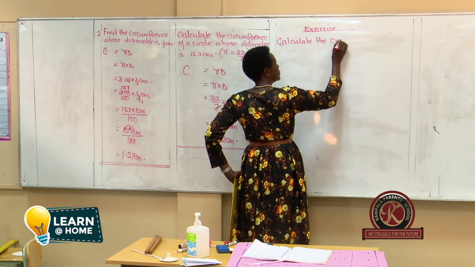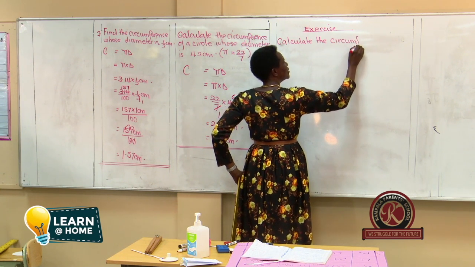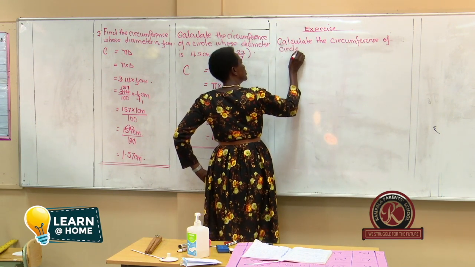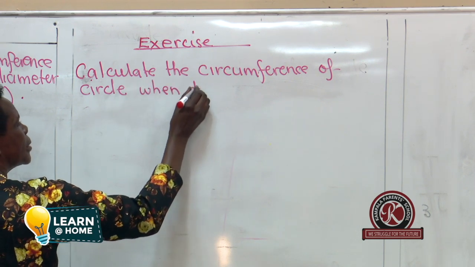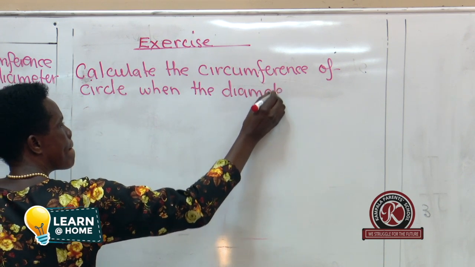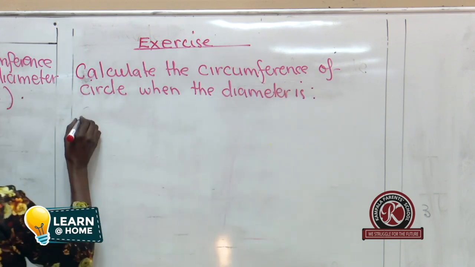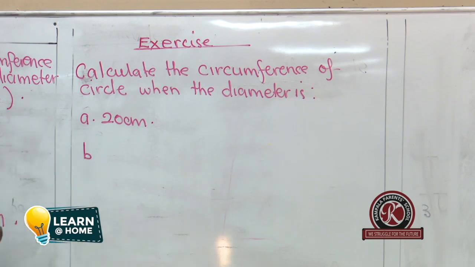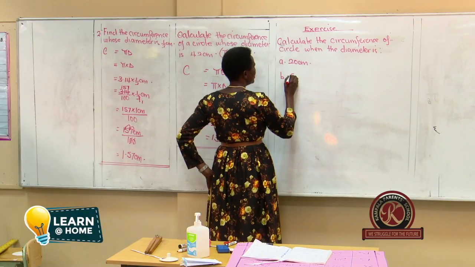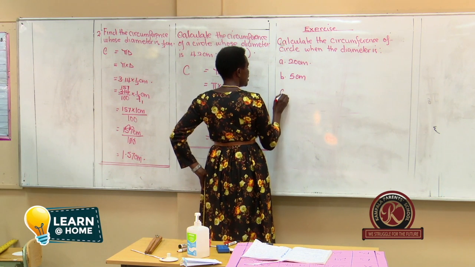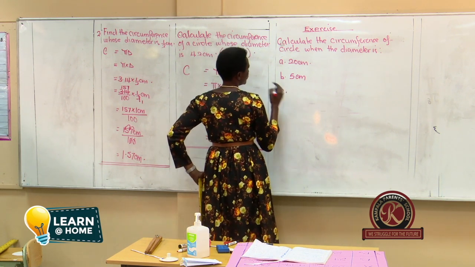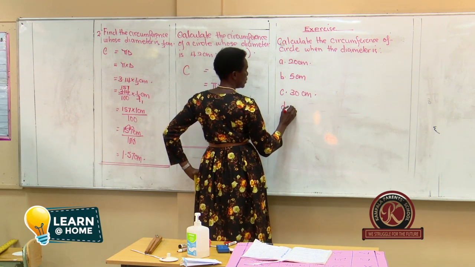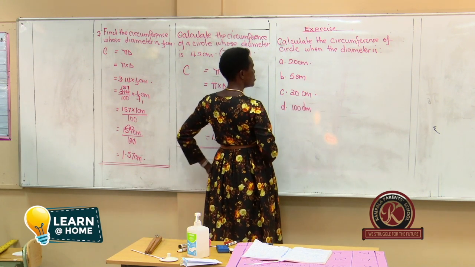Calculate the circumference of a circle when the diameter is A, 20 centimeters, B, 5 centimeters, C, 30 centimeters, then D, 100 centimeters. Let me use decimeter here.